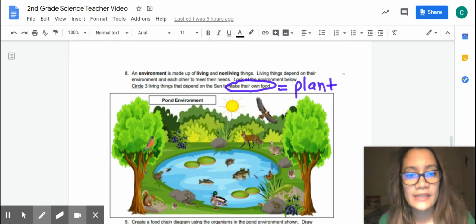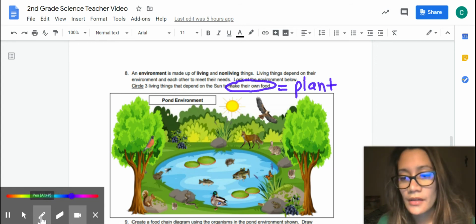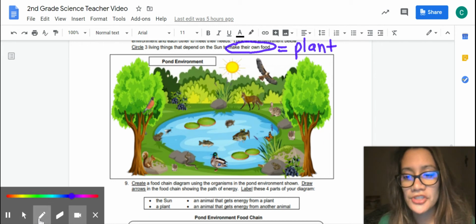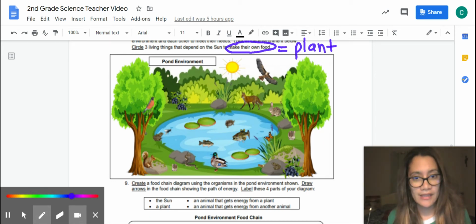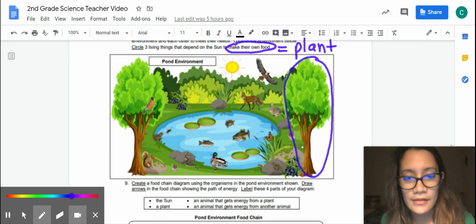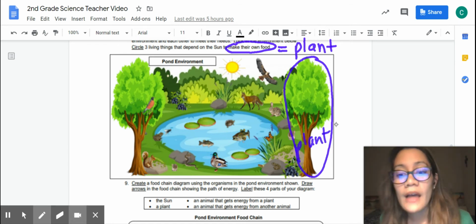All right, so let's take a look at our picture. Let's find 3 plants that can use the energy of the sun to make its own food. Well, I see this plant right here. That's a plant. Trees are plants, by the way.